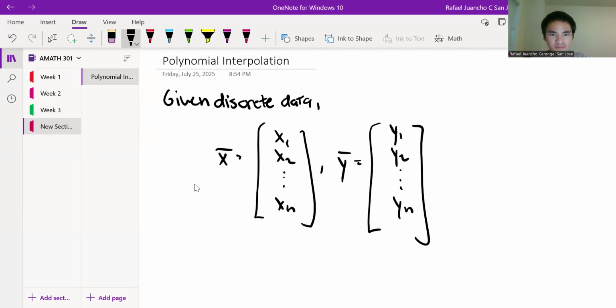So we're given these data where we know there exists a function f.